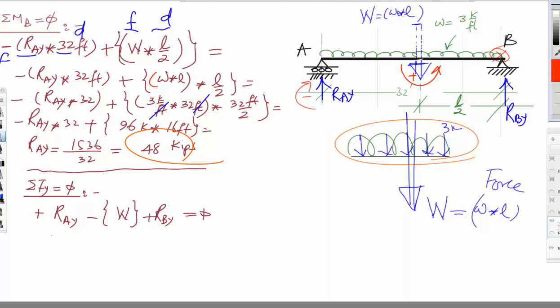So RAY, we calculated this to be 48 kips, minus uppercase W, which is equal to lowercase w, 3 kips per foot, multiplied by 32 feet, plus RB is unknown, is equal to 0. So you see again, if you would like to see the cancellation of units, foot and foot will be cancelled out.